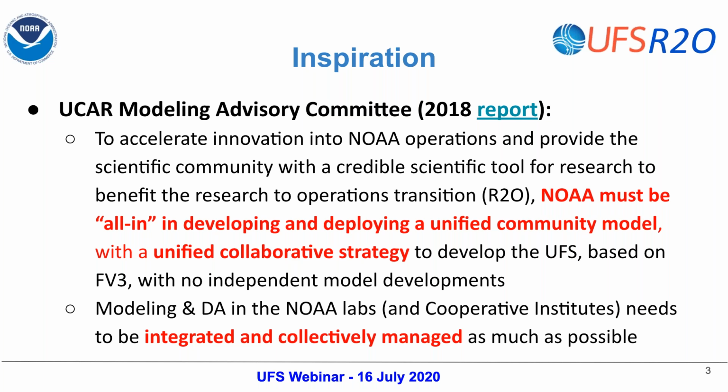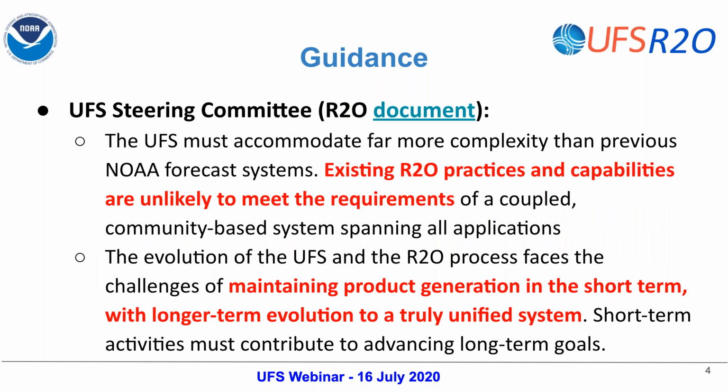And this is embedded within that framework. As it says in the second bullet, modeling and data assimilation within the NOAA labs and in the cooperative institutes needs to be integrated and collectively managed. That's kind of where this R2O project gets its inspiration. We also have guidance coming from that steering committee.